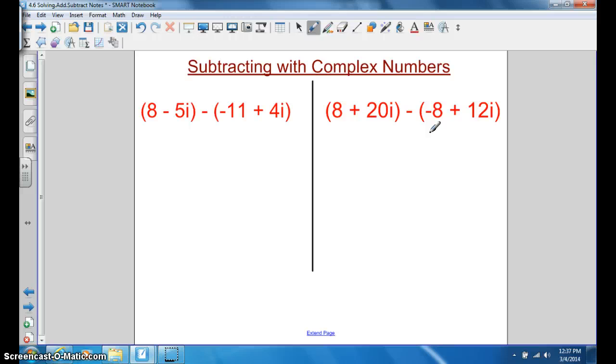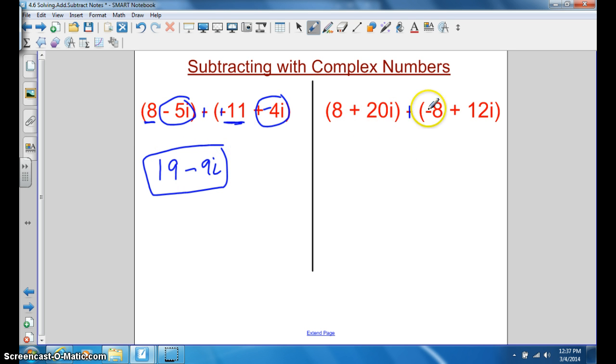And last two examples here. We have an 8. Well, first off, we have to change our signs. So now we have an 8 plus 11, which is 19, and a negative 5 minus a 4, which is negative 9.